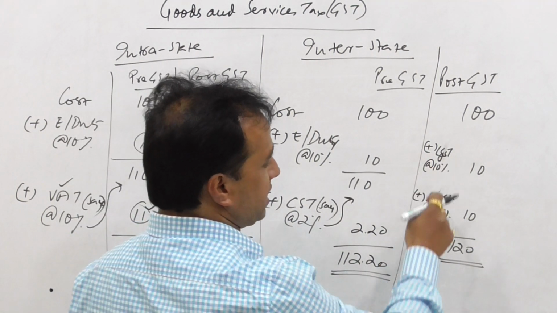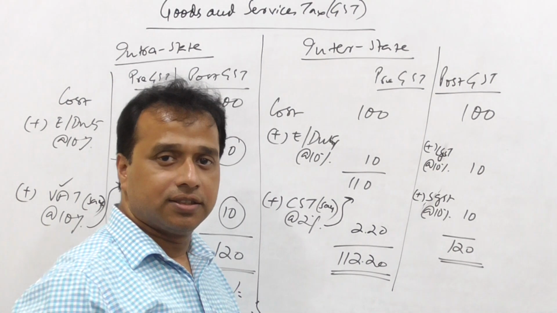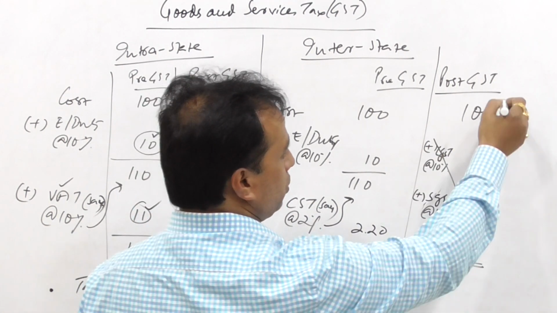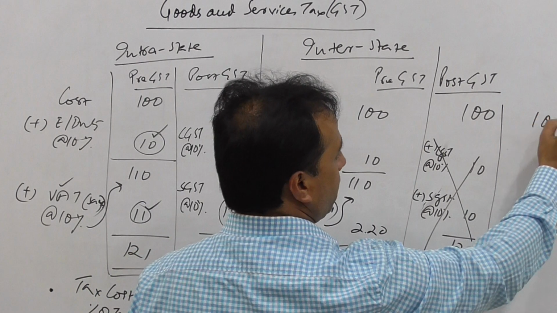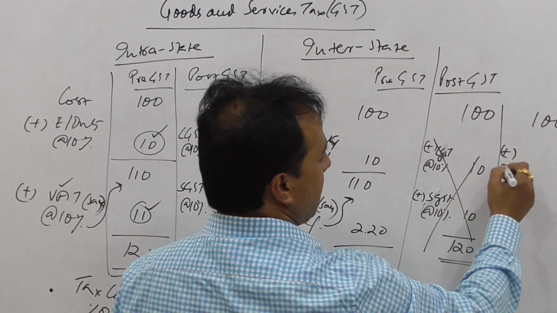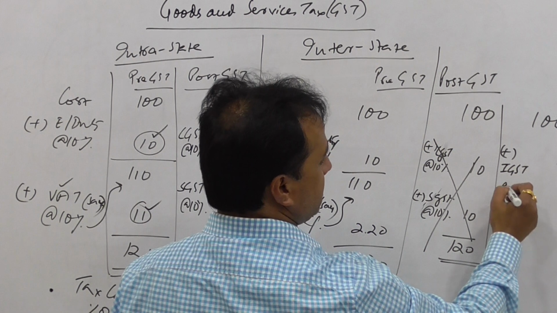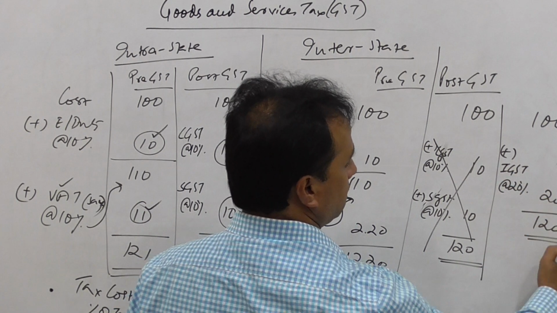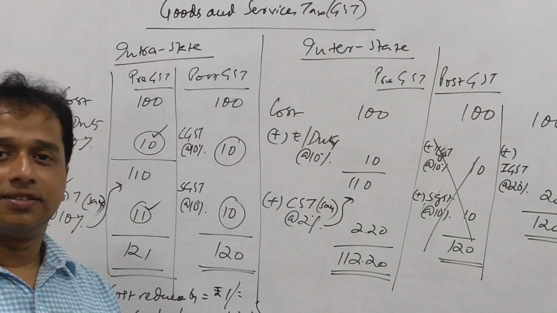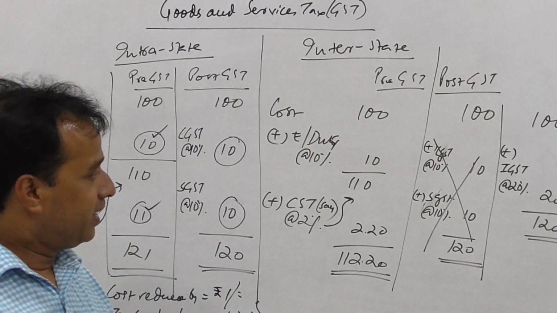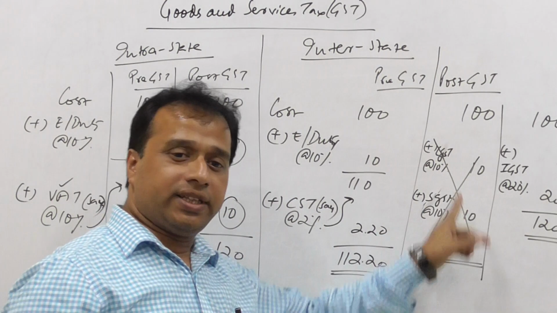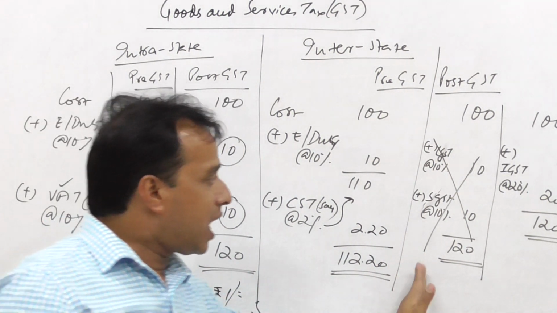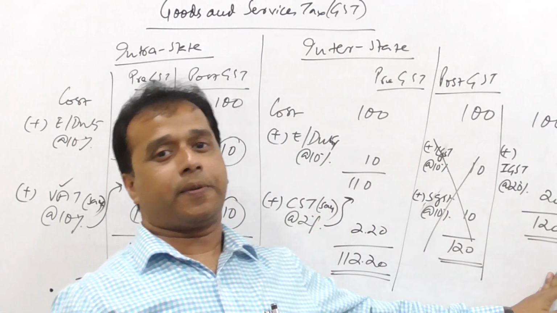Why have I put CGST and SGST? I should put in a very simple way 100 plus IGST at the rate 20%. Just imagine, even if you sell within the state it is 120 and when you sell it outside the state it is 120.